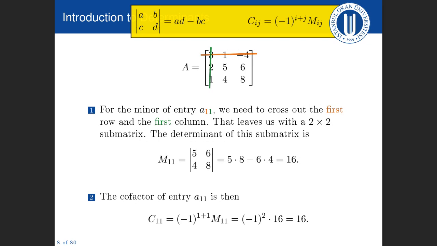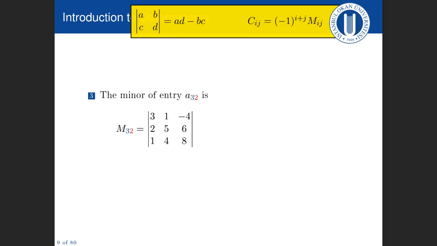And then we were asked to calculate the minor of entry A32. That's the entry in row 3 and column 2. So we need to cross out row 3 and we need to cross out column 2. And that gives us, again, a 2 by 2 determinant.